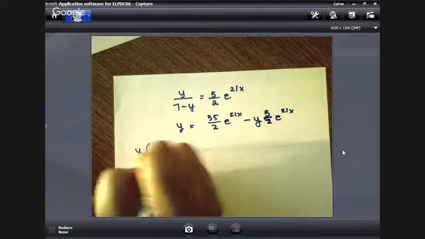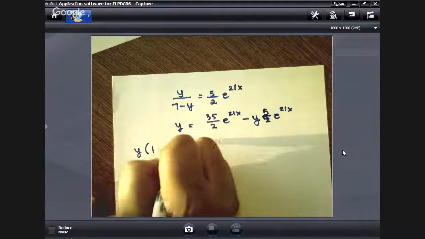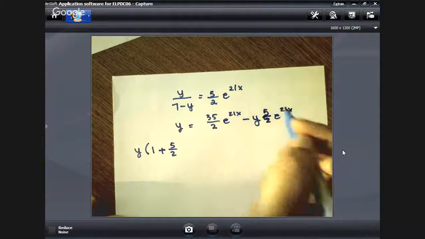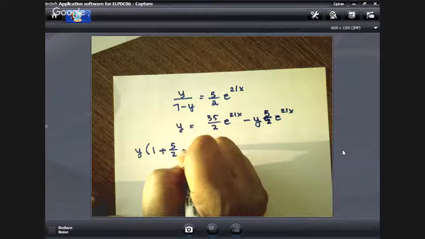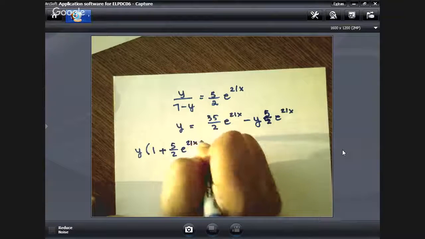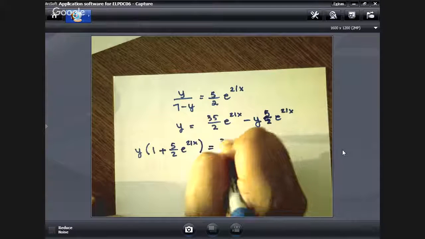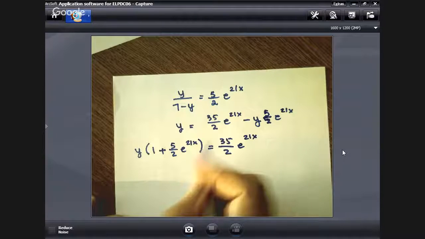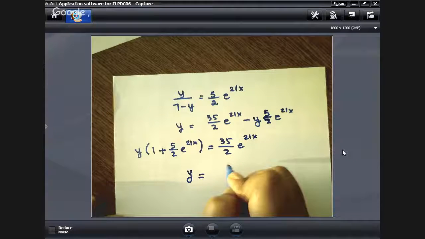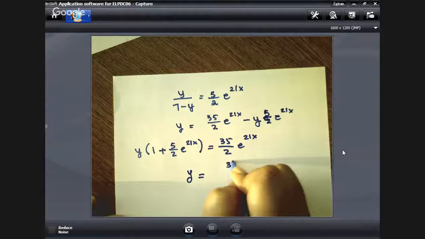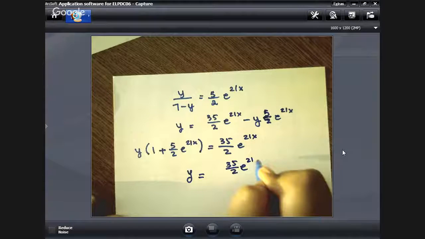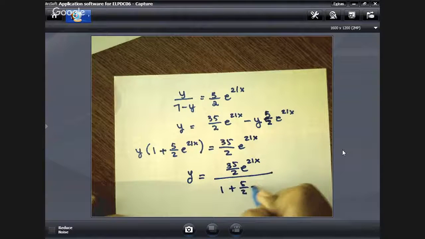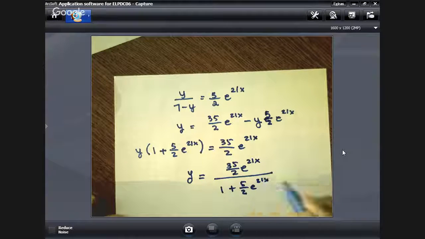So this is y times (1 plus 5 halves e to the 21x), adding to both sides, is equal to 35 halves e to the 21x. And finally, y is equal to 35 halves e to the 21x divided by 1 plus 5 halves e to the 21x.